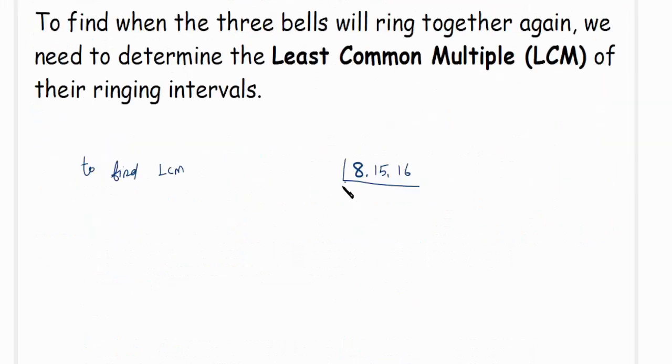To find the LCM, we can use this method. First I am going to divide by 2. 4 2s are 8, and 15 cannot be divided by 2, so I retain 15. 16 by 2 is 8. Further I use another 2: 2 2s are 4, 15 and 4.